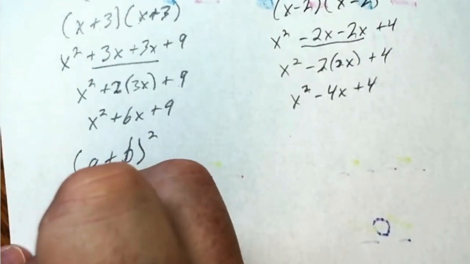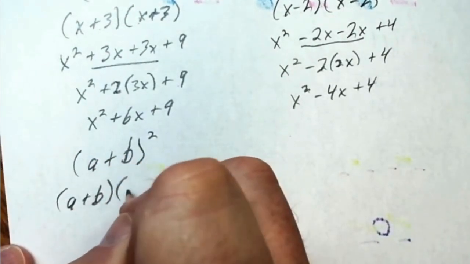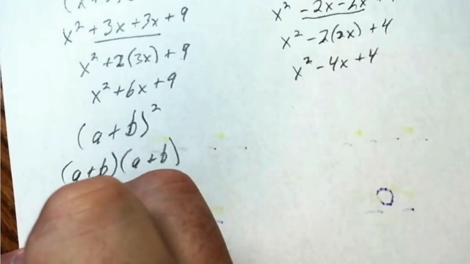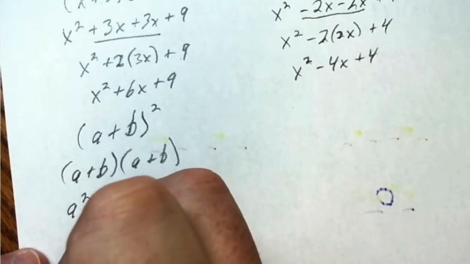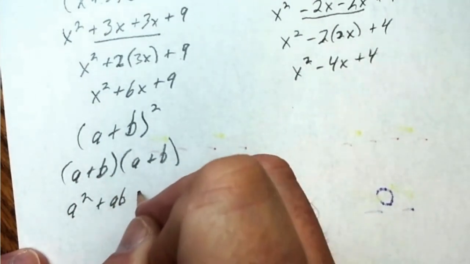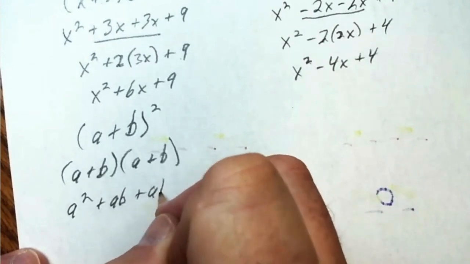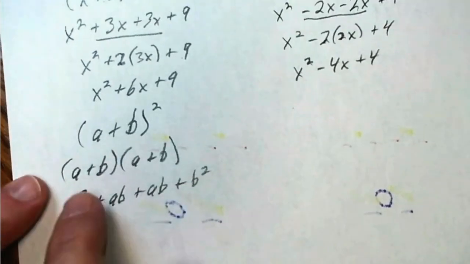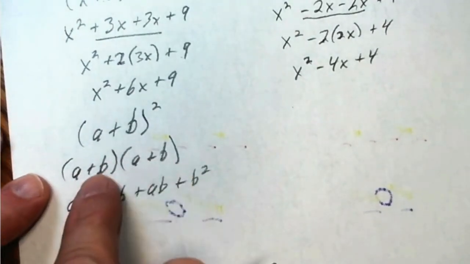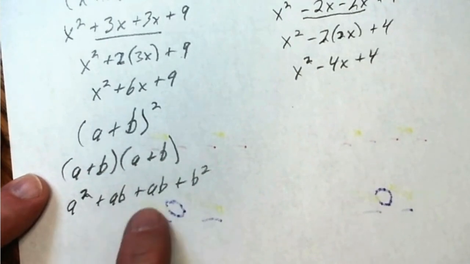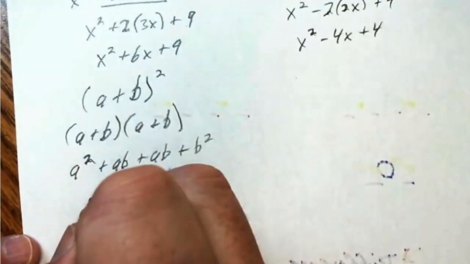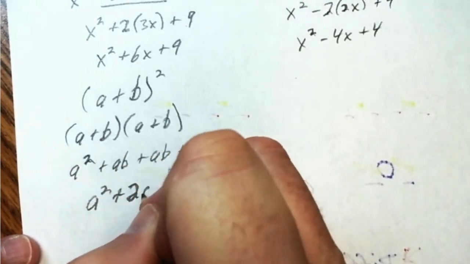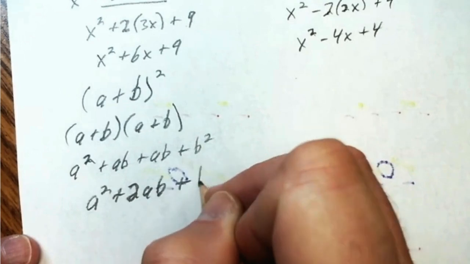Well, a plus b times a plus b is a squared plus ab plus ab plus b squared. As we distribute everything, a times a and a times b, b times a, b times b, you get this. So you get a squared plus 2 ab's plus b squared.